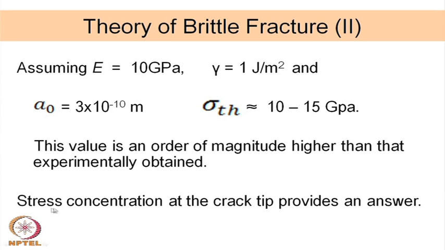Whereas we will see later that actually we are not initiating a crack, we are basically trying to expand or propagate a crack, and that is because the crack is already there. The crack has been generated in the samples because of several other reasons.